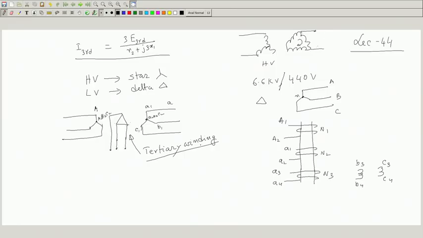So, depending upon the turns ratio, 2 levels of voltage, the load may or may not be supplied from the tertiary winding.